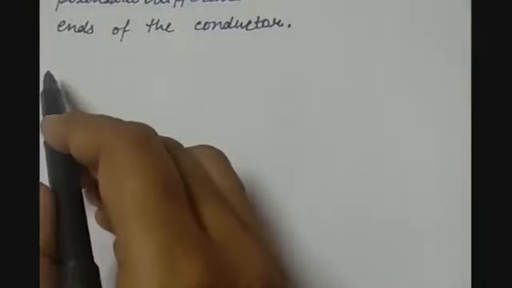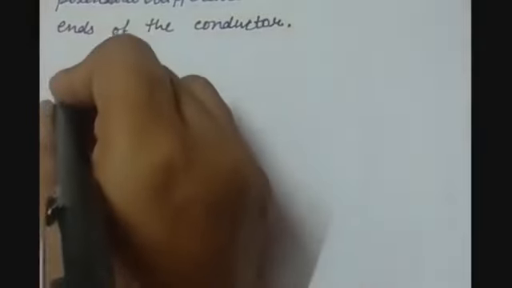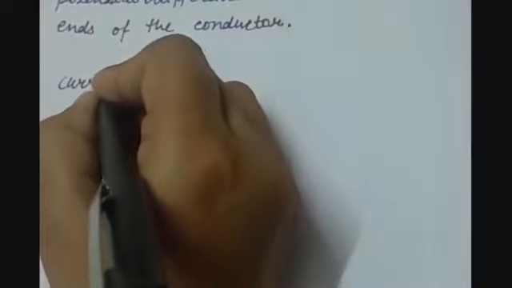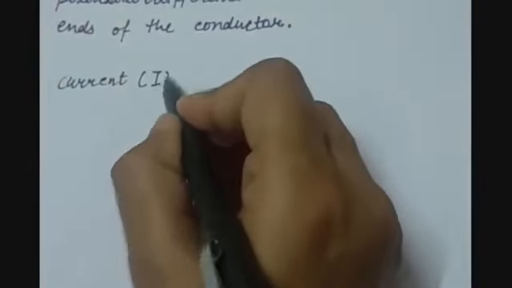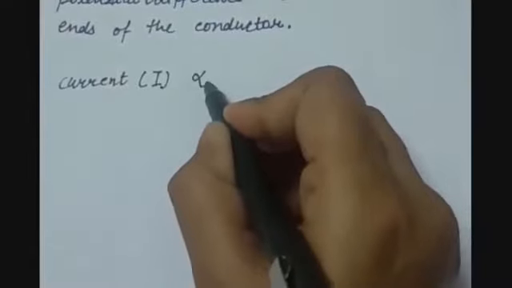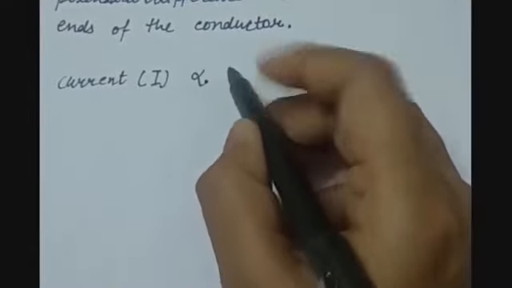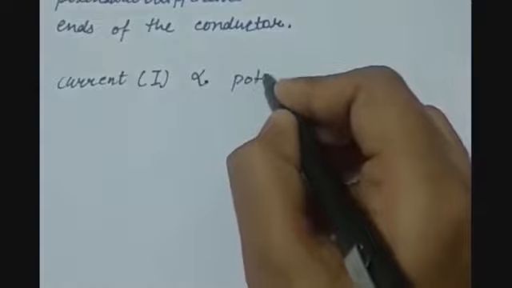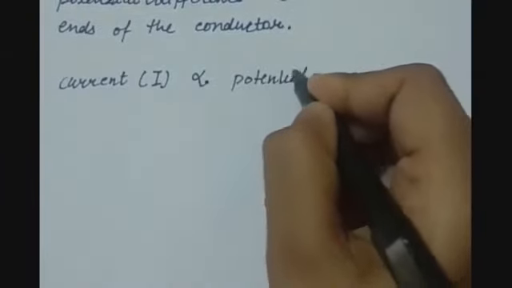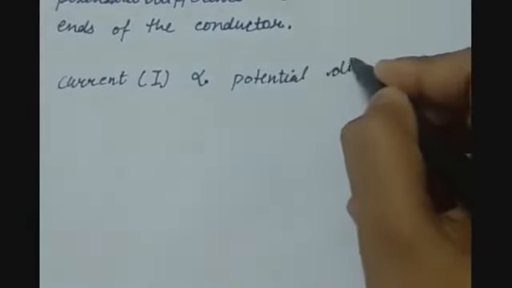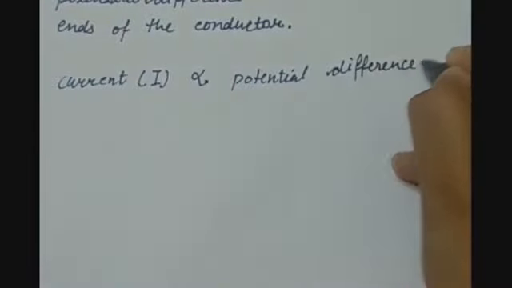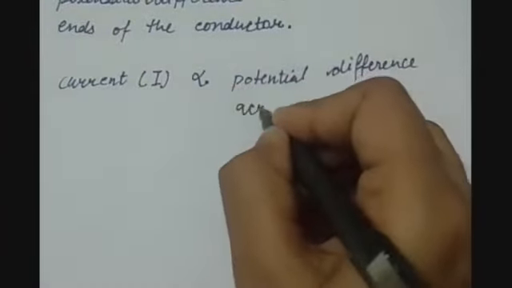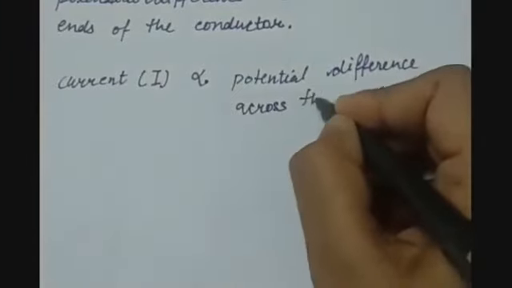Ohm said that the current flowing in the circuit, denoted by I, is directly proportional to the potential difference across the ends of the conductor.